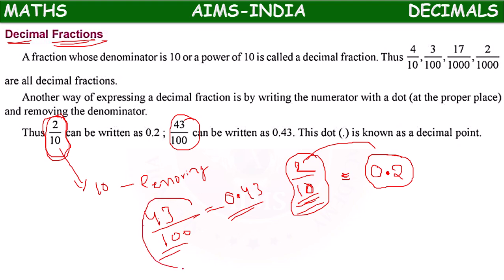So 43 by 100 is equal to 0.43. Both are decimal fractions only. Both are equal, but the representation is different. Here this dot is known as the decimal point. So these are decimal fractions.